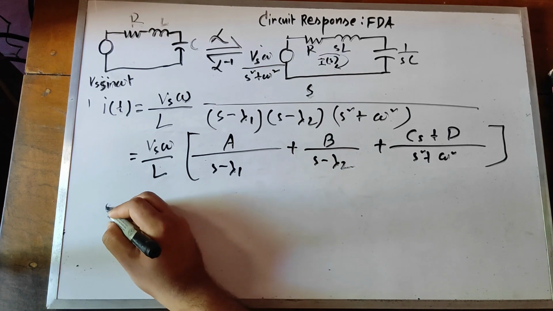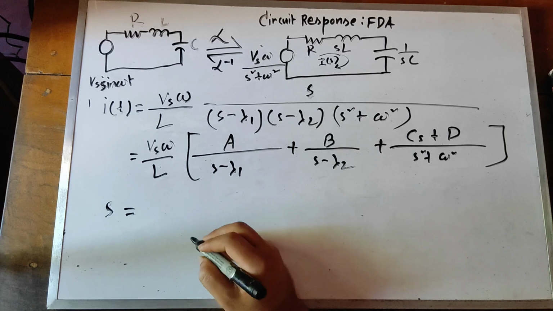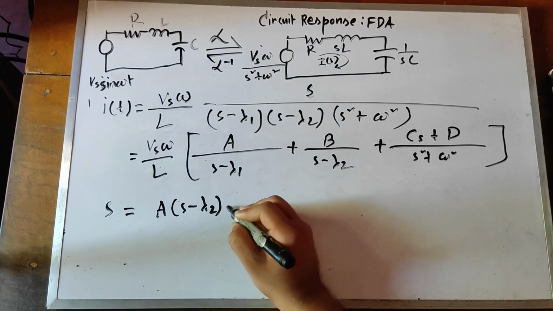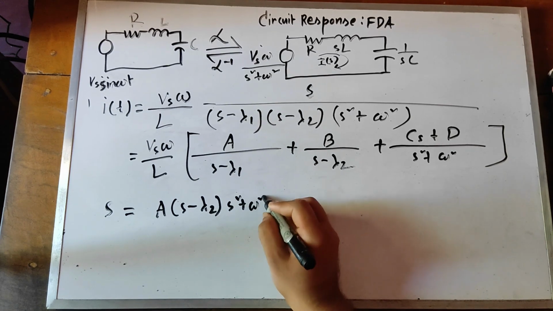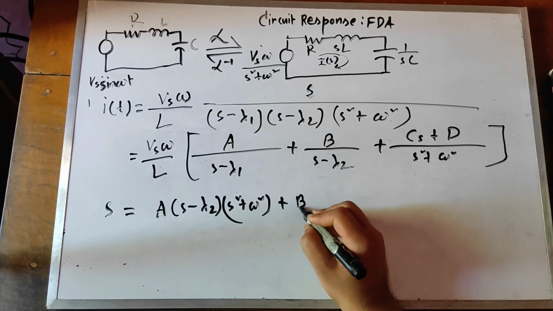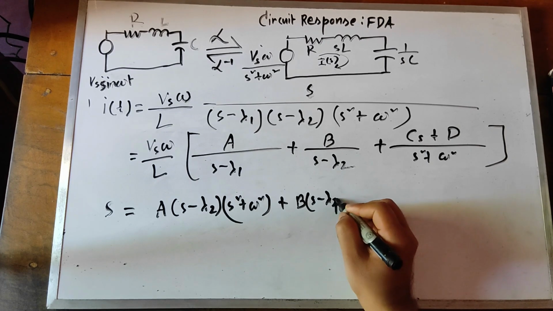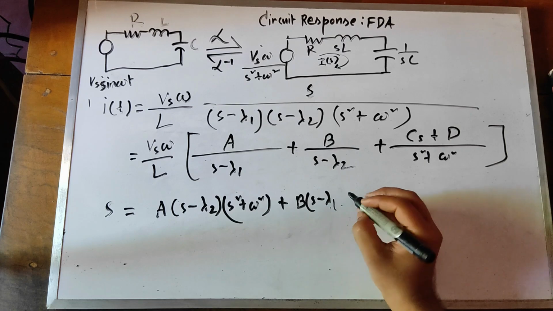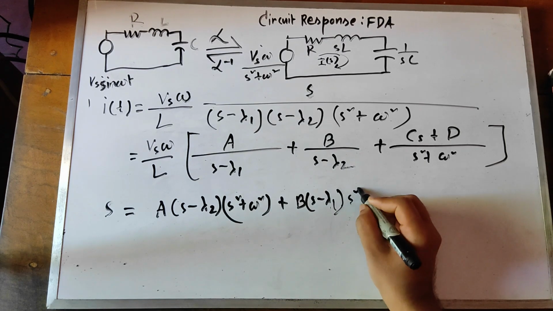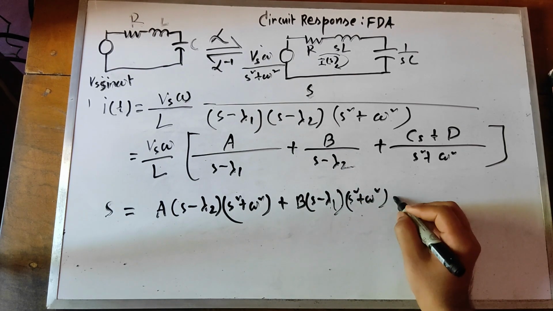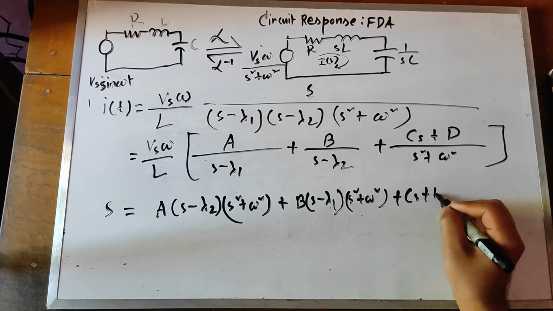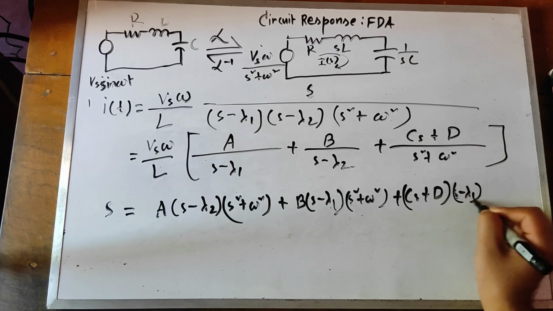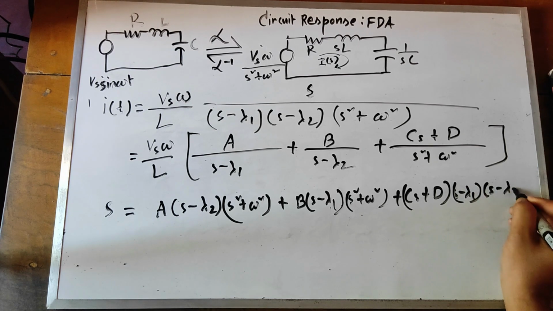So s equals A (s minus lambda 2)(s squared plus omega squared) plus B (s minus lambda 1)(s squared plus omega squared) plus (Cs plus D)(s minus lambda 1)(s minus lambda 2).